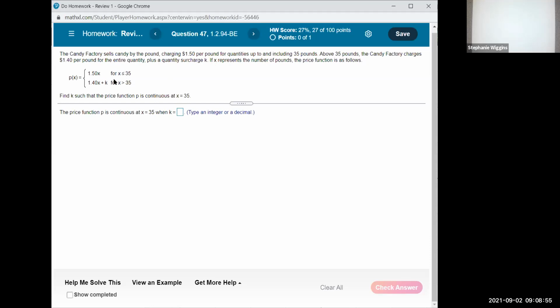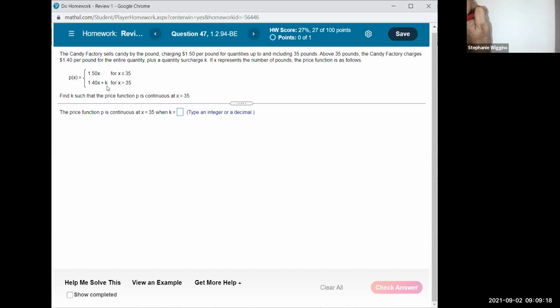So if it's less than 35, it's just $1.50 times x. But if it's more than 35 pounds, it's $1.40 plus some surcharge. So we just want to know, is this a continuous function? And what's our k value to make it a continuous function?